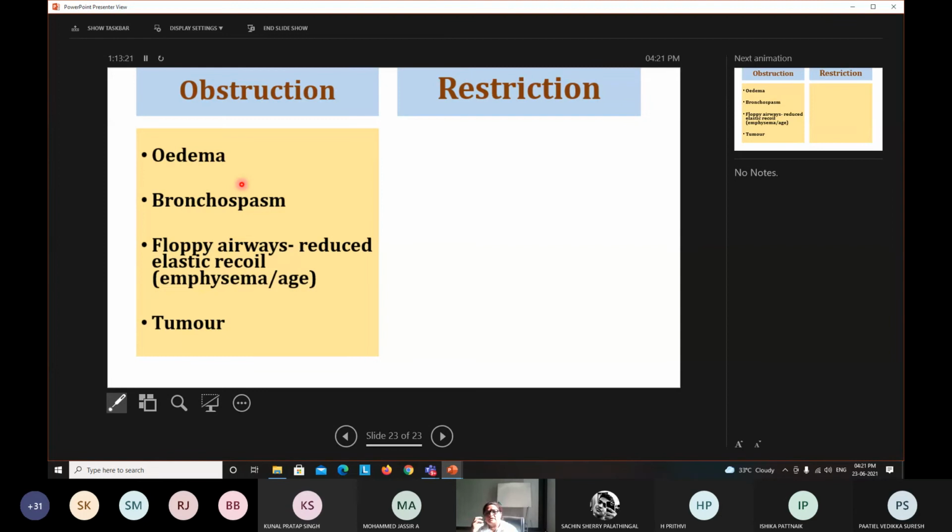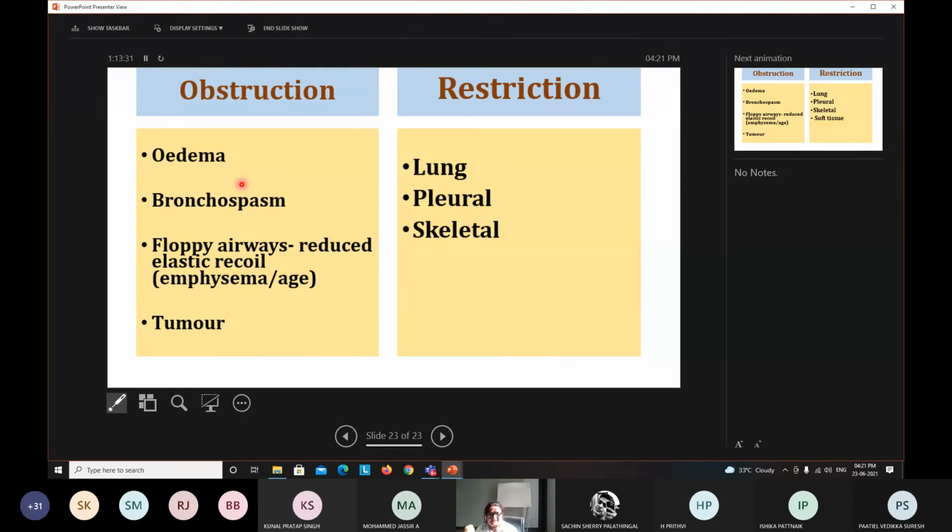And restrictive lung diseases can be from within the lungs itself, or in the pleural cavity, or the skeletal system. As I said, in poliomyelitis, you can have weakness, or any soft tissue disease may lead to restriction of the expansion.